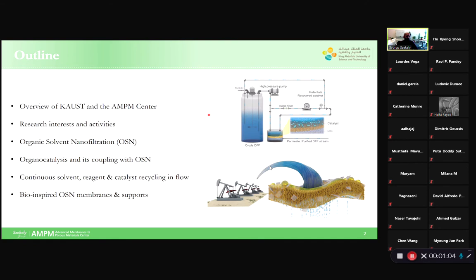And then I will talk about organic solvent nanofiltration and different processes, including organocatalysis coupled with separations using membranes in organic solvents, solvent recovery, catalyst recycling, reagent recycling. And if time permits, then I will also talk about the development of green and sustainable robust membranes. So let's see how far we can get today.